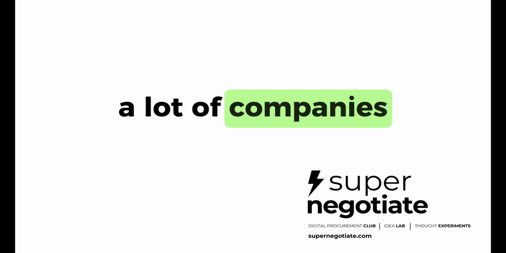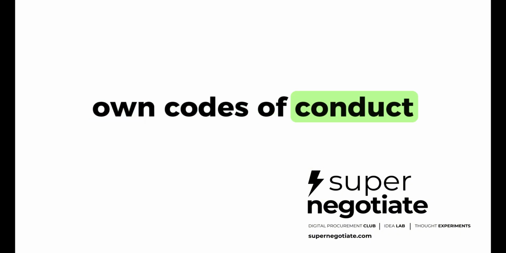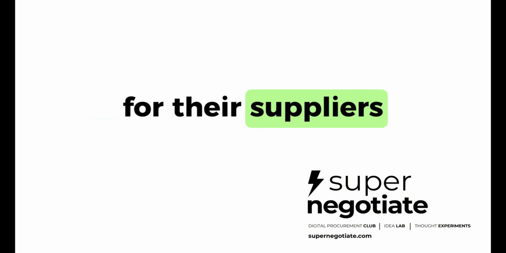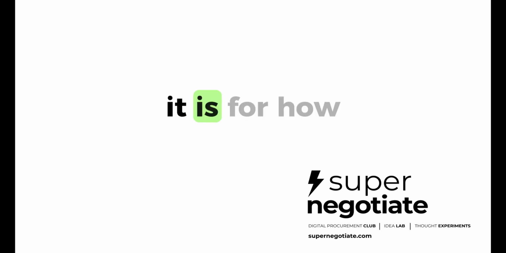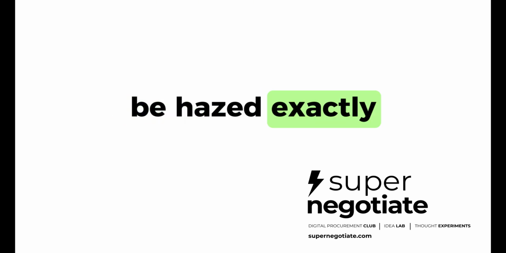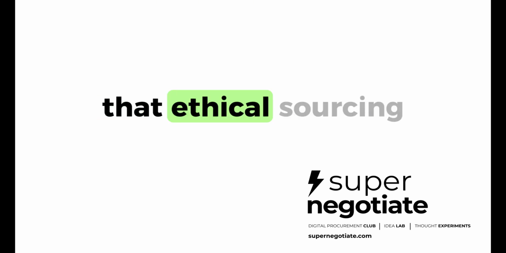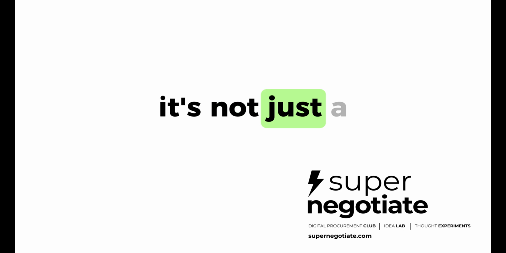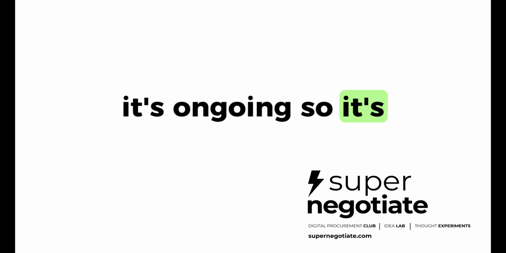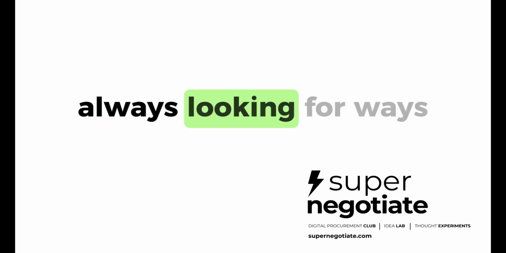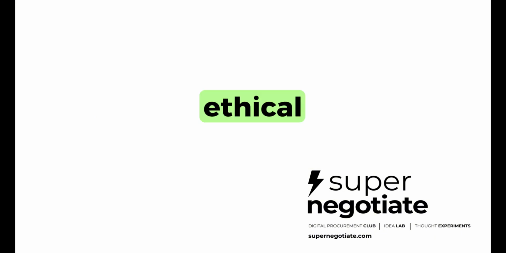Exactly. And a lot of companies are also creating their own codes of conduct for their suppliers. So it's like setting the ground rules for how you expect them to behave. And the video emphasized that ethical sourcing is not just a one-time thing, it's ongoing. So it's continuous improvement. Always looking for ways to make things more ethical, more sustainable.